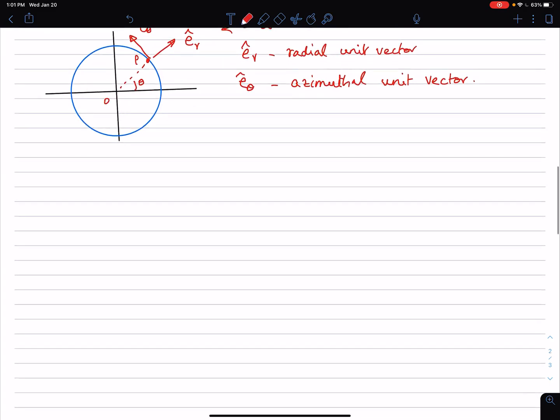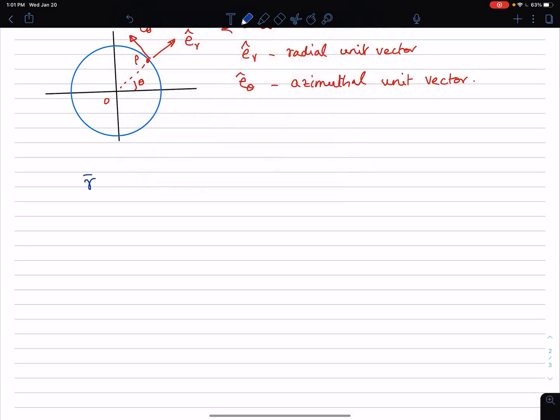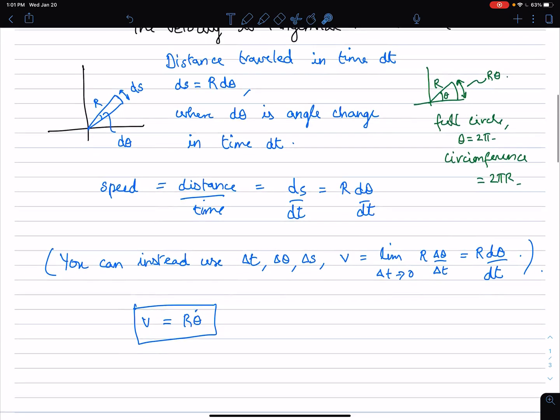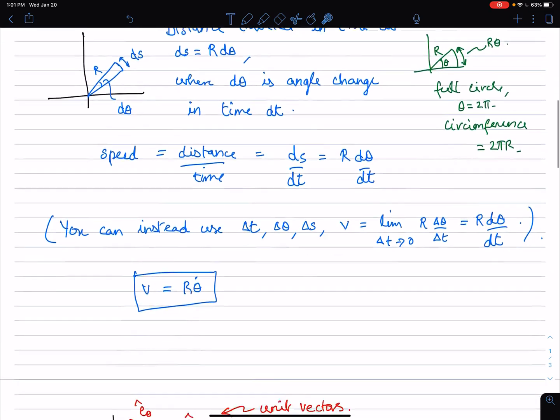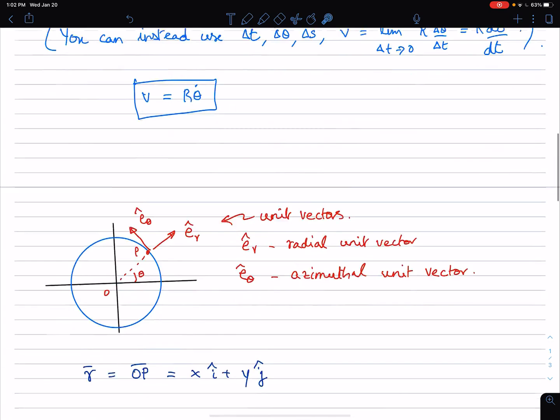So, of course, we already know that the position vector r is OP. We can certainly write it in terms of Cartesian coordinates as we did in the previous lecture, x i plus y j. But can we write it in terms of these polar coordinates, in terms of r, e r, and so on?